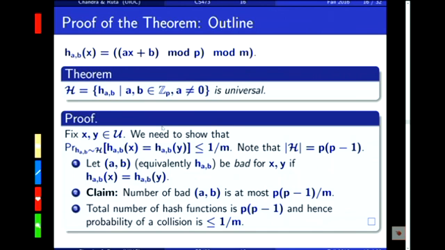Okay, so it is clear that if I count the number of hash functions under which x and y map to the same value, then I'm done, if that is at most a 1 over m fraction of the total number of hash functions.